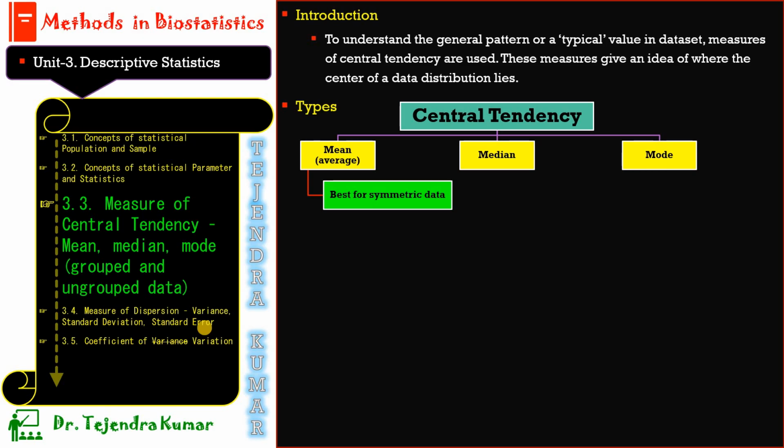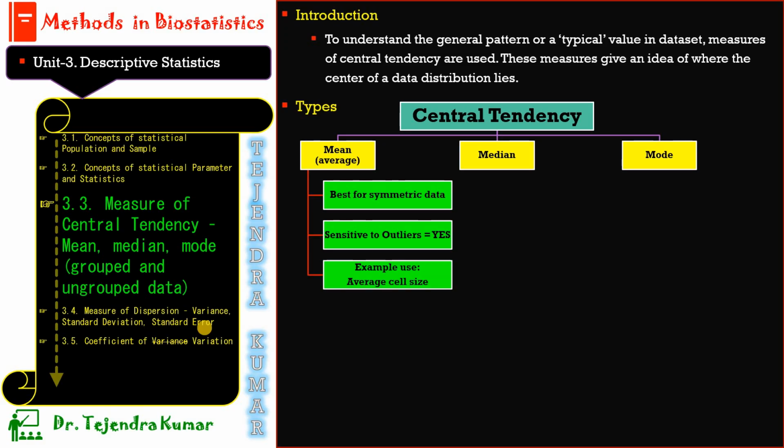The mean is the sum of all values divided by the number of values, because it is a basic mean, which we generally call arithmetic mean or arithmetic average. It is sensitive to outliers, and an example is average cell size.